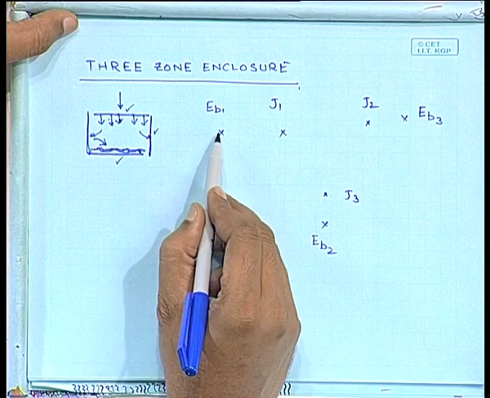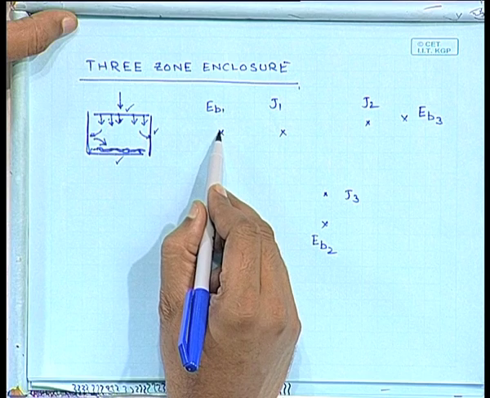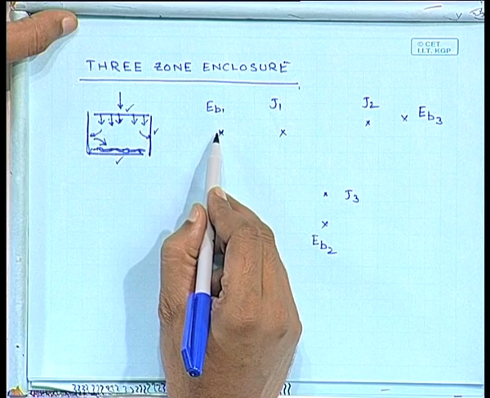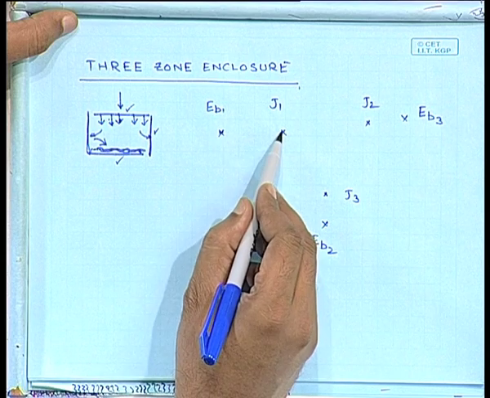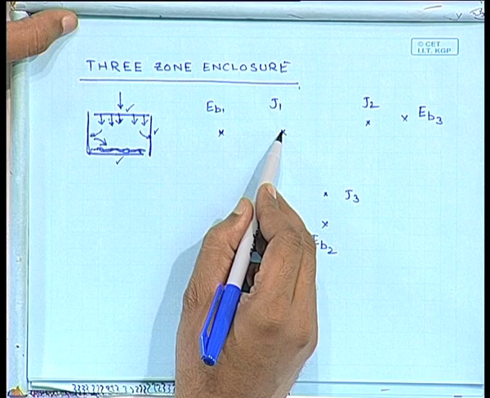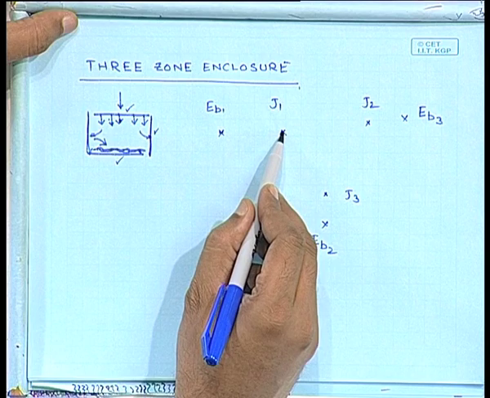This is a volumetric phenomenon. Okay, the amount of energy that this surface is going to emit had this been a black body, this is what it is actually emitting. So, it depends on the value of emissivity, and it also depends on whatever irradiation surface 1 is receiving from others and what part of the incident radiation it is reflecting. So, that is why J1 and EB1 are connected by a resistance.